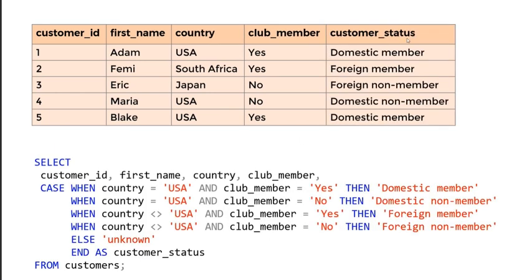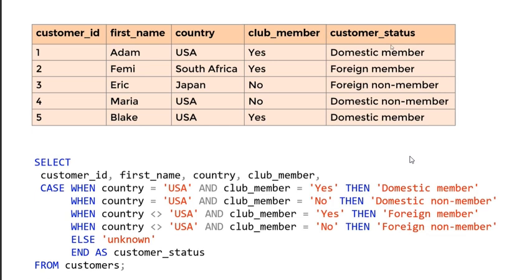See, like this we have to write the case statement. Select customer ID, first name, country, club member. Here, case when country is equal to USA and club member is yes, then domestic member.